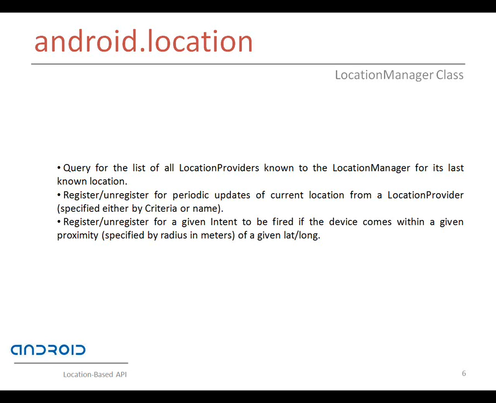Every time we prefer to use network based provider rather than using GPS based provider. Then first we check the location from the network based provider. Then we go to the GPS based provider. Both have some merits and demerits that we'll discuss.